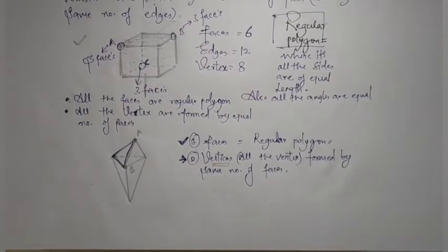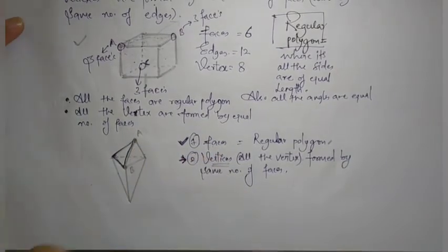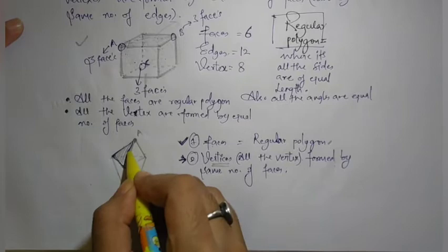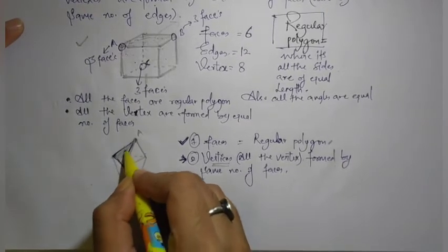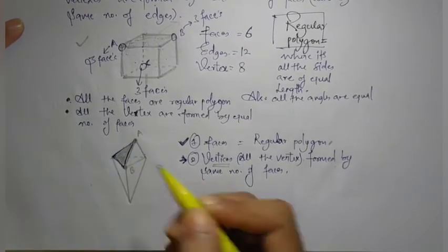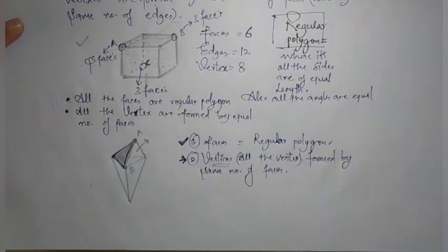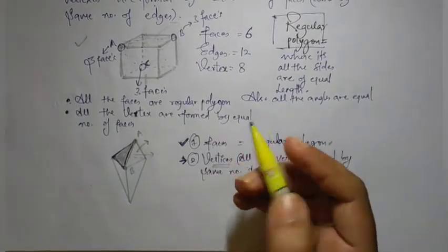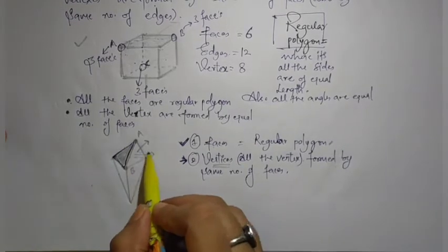My first vertex that I have considered is this one. Second one is this one. For the first one, A, see how many faces I have. First I have this face, face number 1, this backward one and this front one. I am forming this by 3 triangles, 1, 2 and 3.